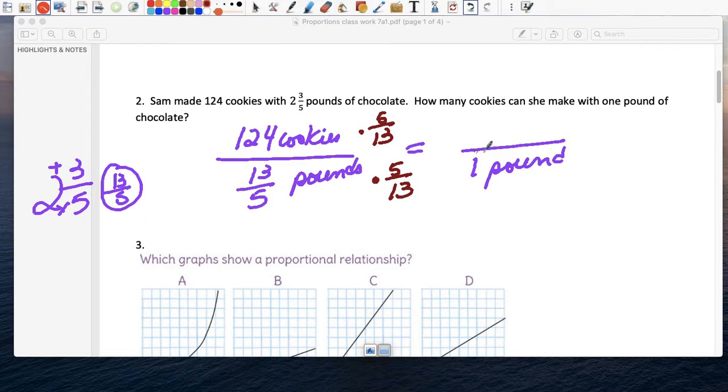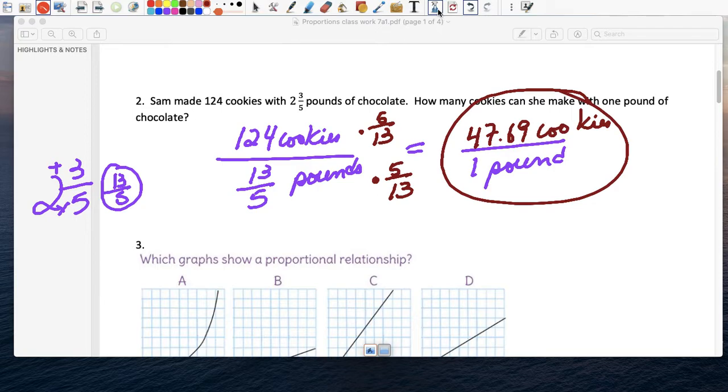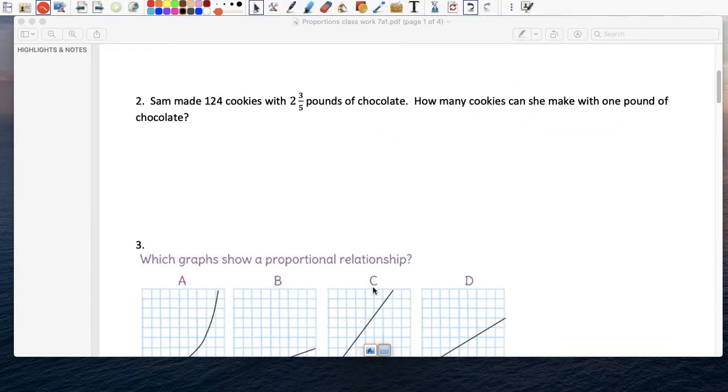And that's going to give us 47.69 cookies. So with 1 pound of chocolate, I can make 47.69 cookies. All right, so that's my answer. Here is my answer. Let's move on.